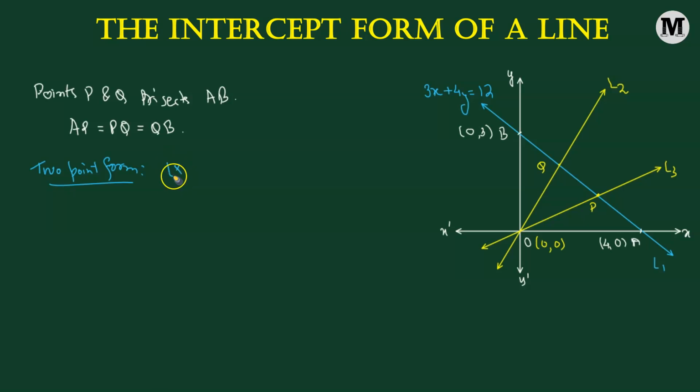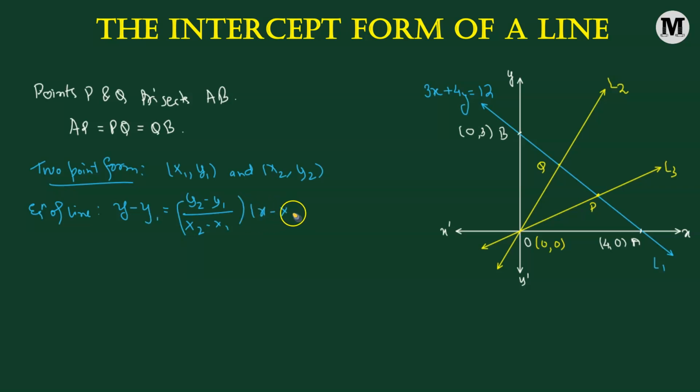So let's say those 2 points are x1, y1 and x2, y2. So we can use this to find out the equation of the line. The equation of the line is given by y minus y1 equals to y2 minus y1 divided by x2 minus x1, whole multiplied by x minus x1.